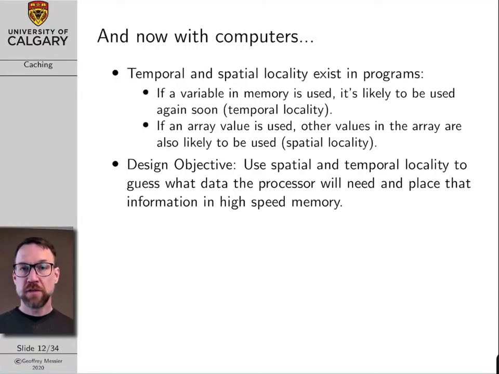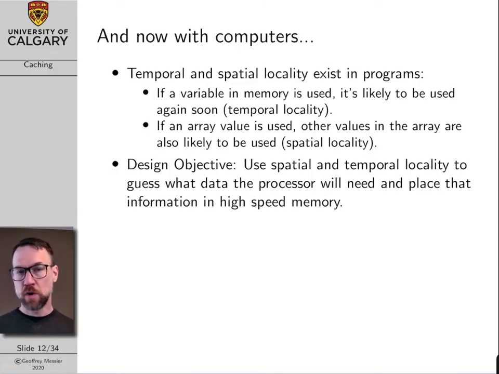The notions of temporal and spatial locality exist in computer programs just like they do in libraries. Temporal locality refers to the fact that if we are working with a variable in memory and we've used it once, chances are the program is going to use it again relatively soon. The notion of spatial locality typically occurs when we're working with arrays.